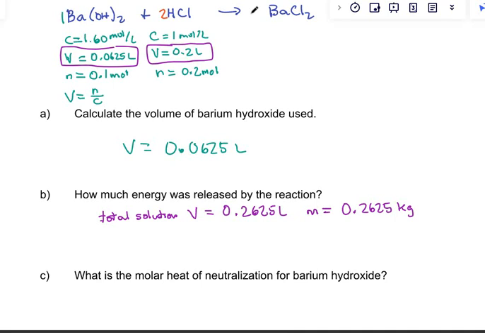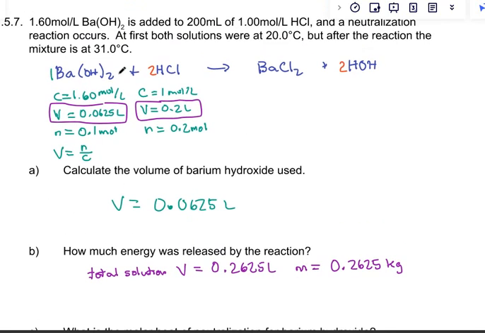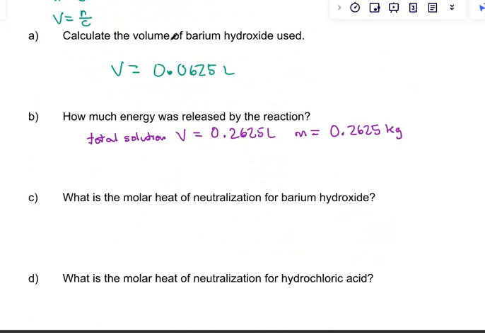We have this much water that's heated up, and it heated up from 20 to 31, an 11 degree difference. So our delta T is 11 degrees Celsius, and the specific heat is the usual, pretend it's water, 4.19 kilojoules per kilogram degrees Celsius.